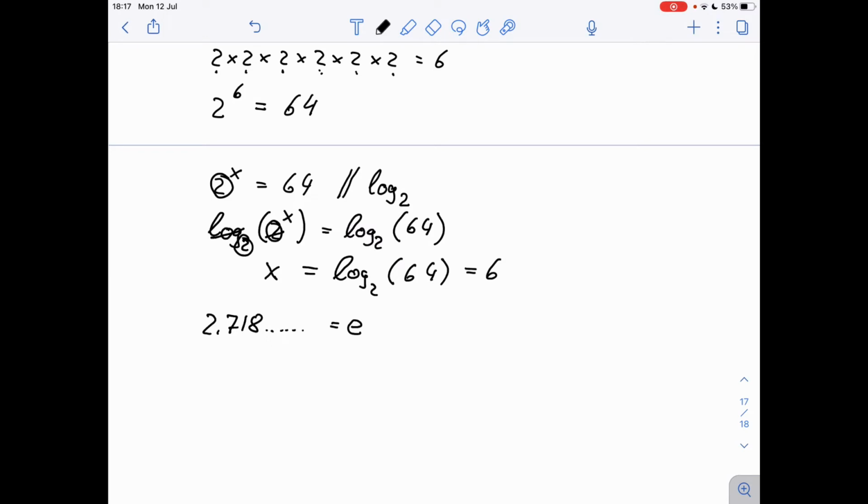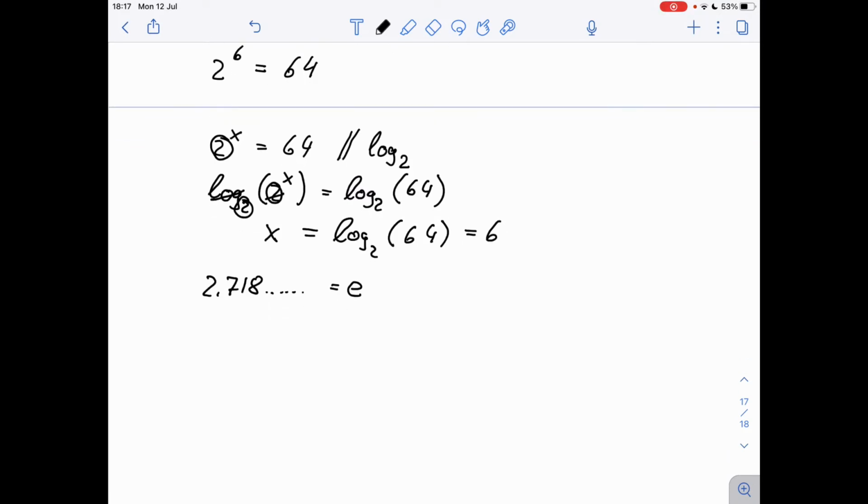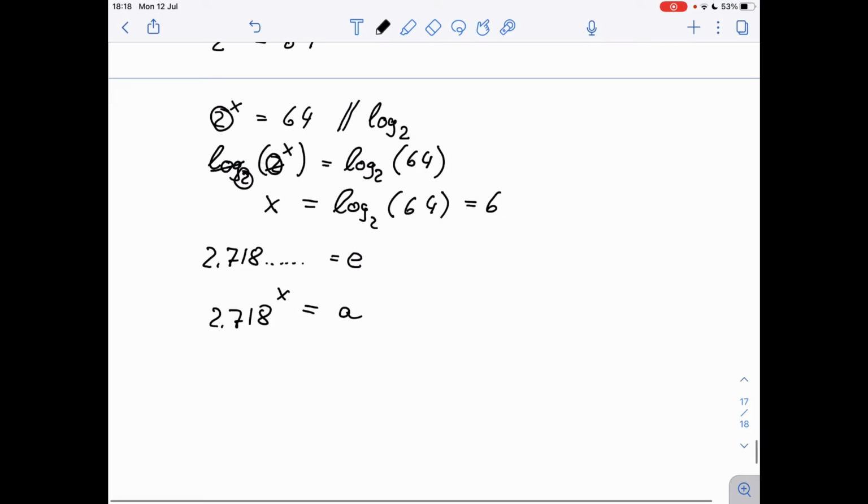So this is Euler's number, and very often we use this 2.718 as a base. So we would have something like 2.718 to the power of x equals a certain number, a, which is then also written as a shorthand, e to the power of x equals a.